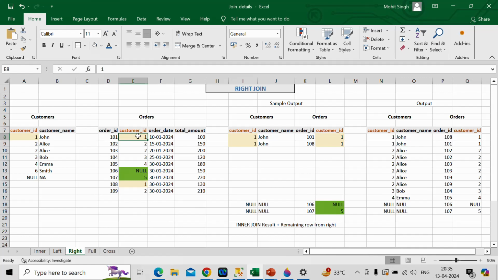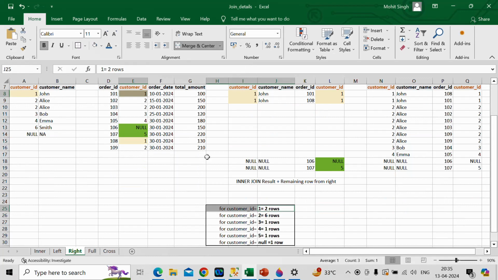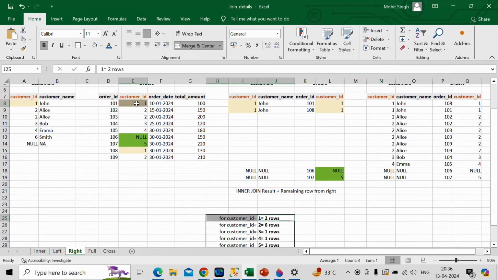And when any record is not found in the customers table, we can consider that a remaining row, which did not take part in inner join from the right table. Okay. So we can apply the same formula. The number of rows with customer ID 1 is 2 and here it is 1. So 2 into 1, 2. And the same we can apply for other values.